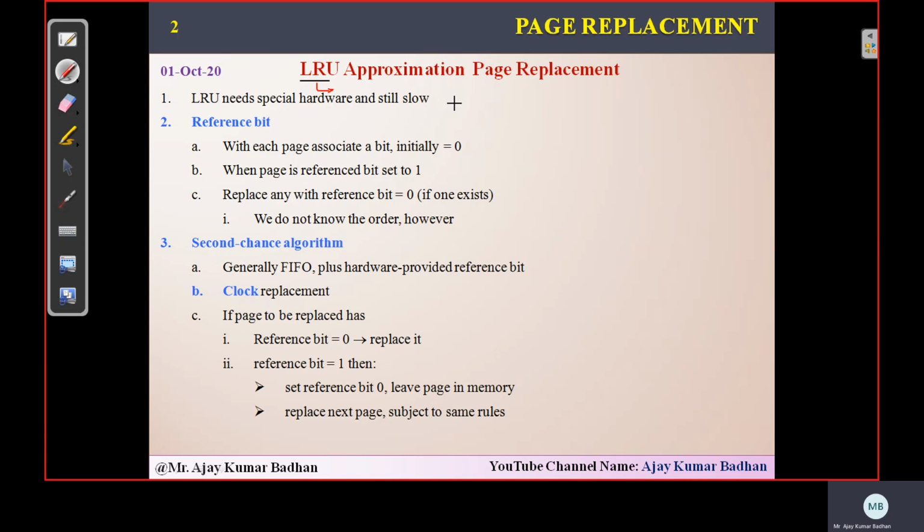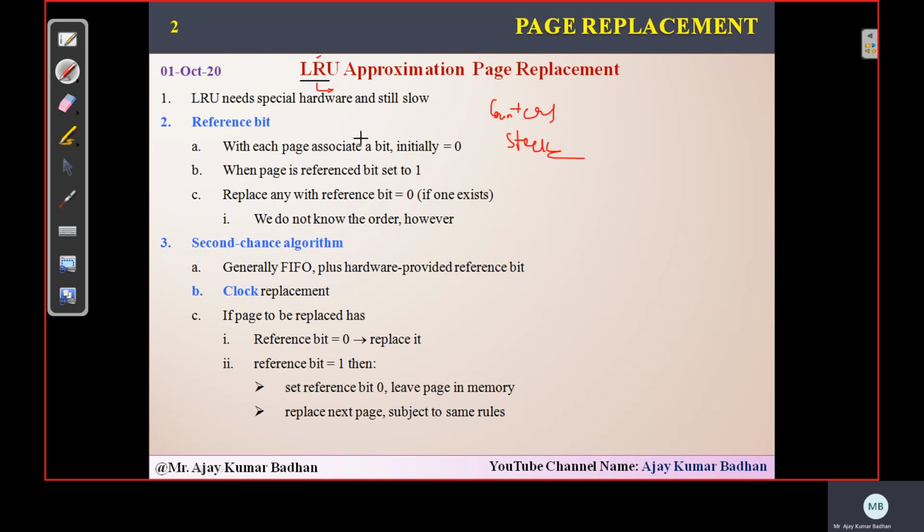We said that it requires additional hardware support, such as counters, and apart from counters we also discussed the stack. Now we will see the advanced version of this LRU.